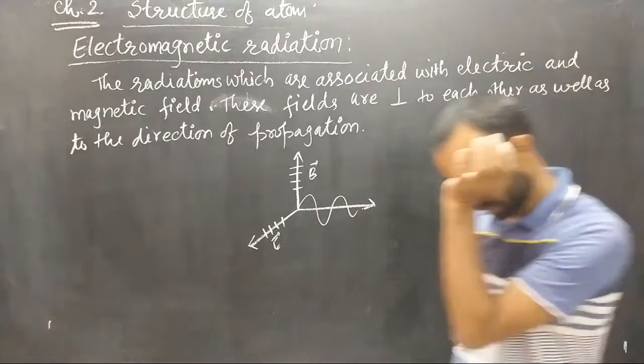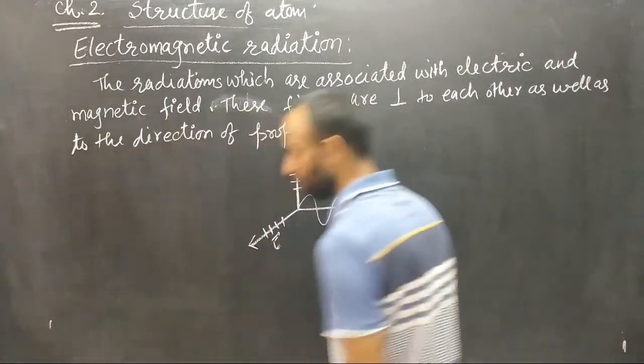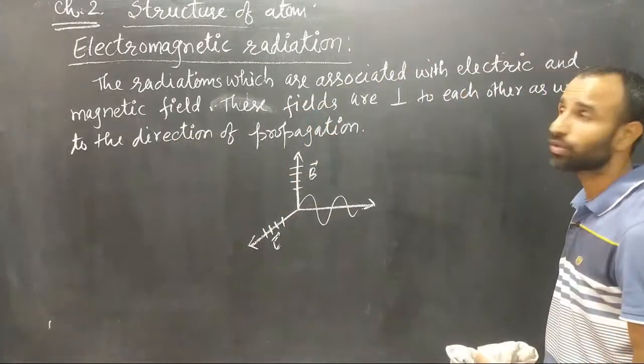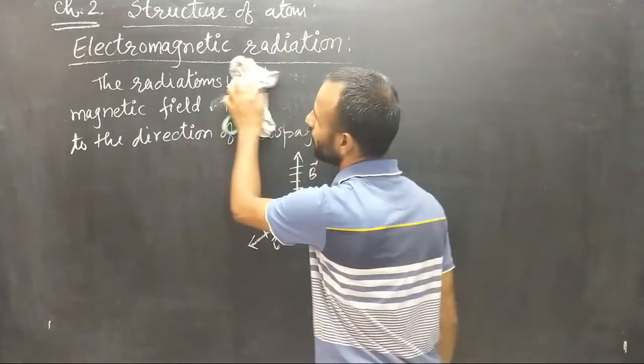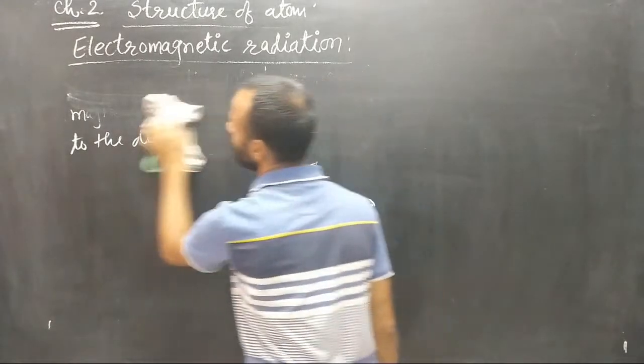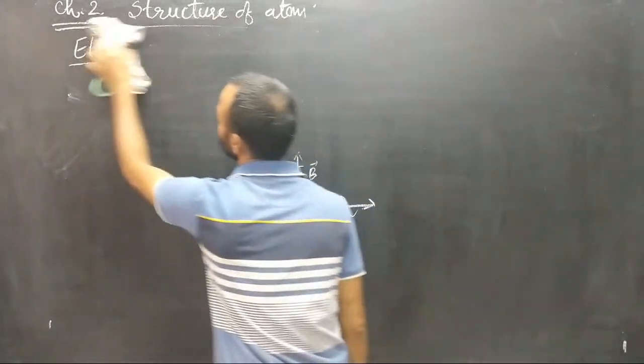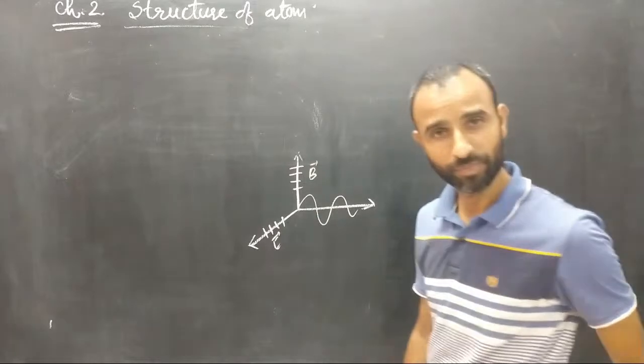Okay, done. So what are the properties related to it? Electromagnetic radiation can propagate in vacuum.